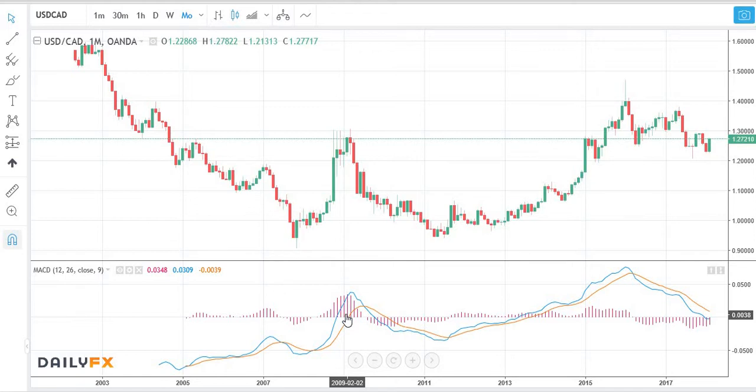Now, is it perfect? Absolutely not, because it's based off of moving averages, so of course there's going to be some lag time. But overall, can it help you get a sense, just looking at it at a glance, of where the market is at? In my opinion, absolutely.